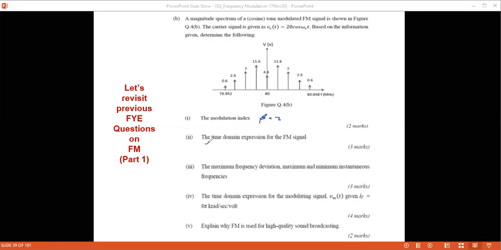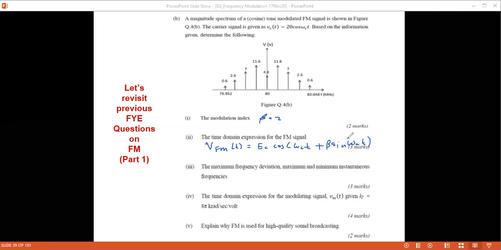So VFM is equal to EC cos omega CT plus beta sine omega MT. This is when we assume our message signal is in cosine.